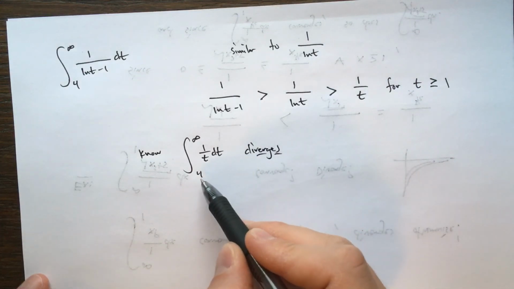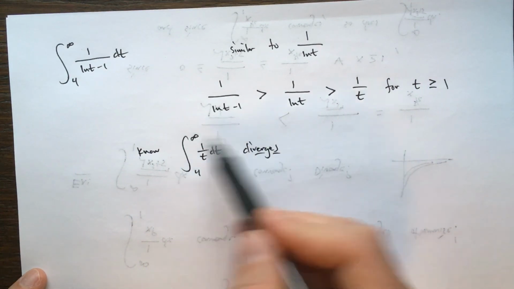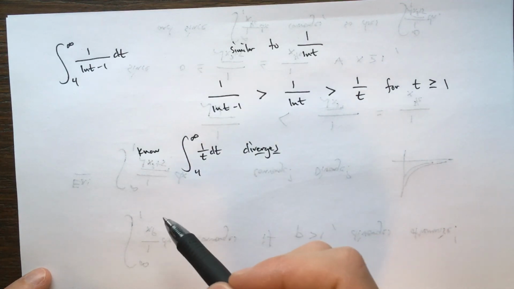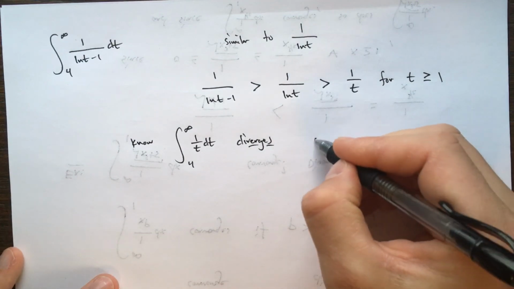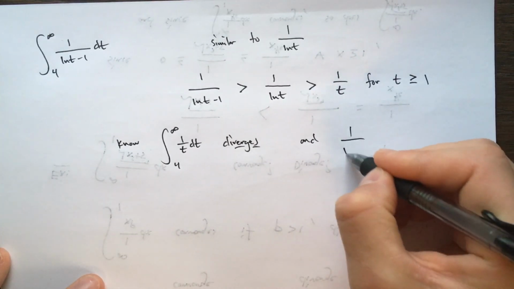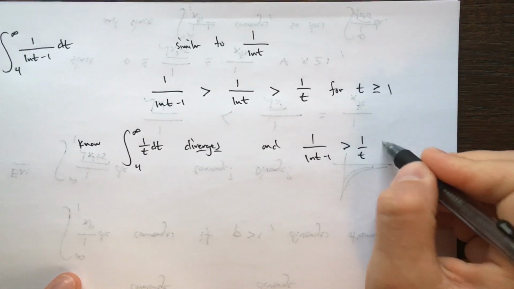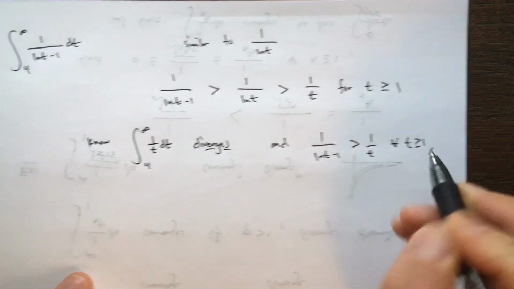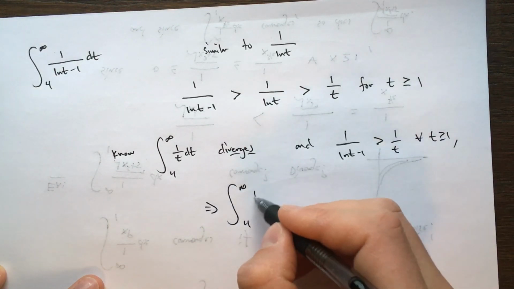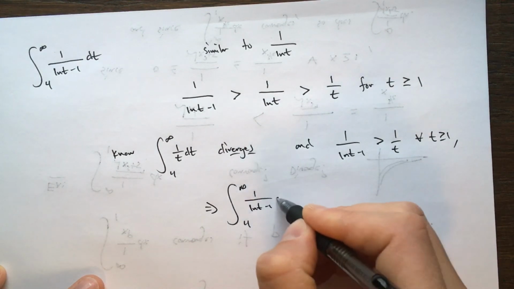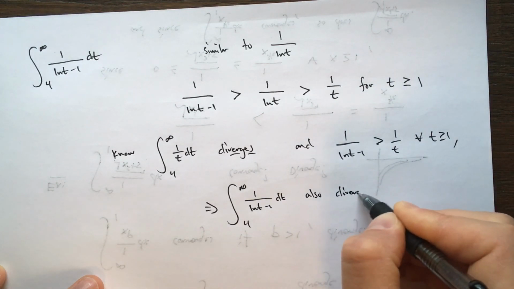It really doesn't matter that we started at 4 instead of 1. We're just subtracting finite area off something that was infinite, so we don't really care about it that much. And if this diverges, and 1 over ln t minus 1 is greater than 1 over t for all t greater than or equal to 1, then the integral from 4 to infinity of 1 over ln t minus 1 dt also diverges.